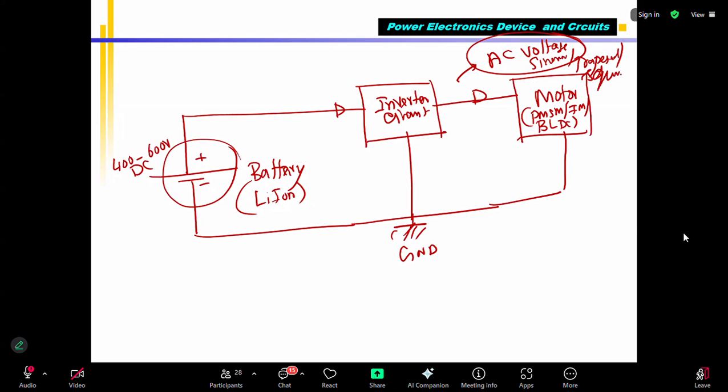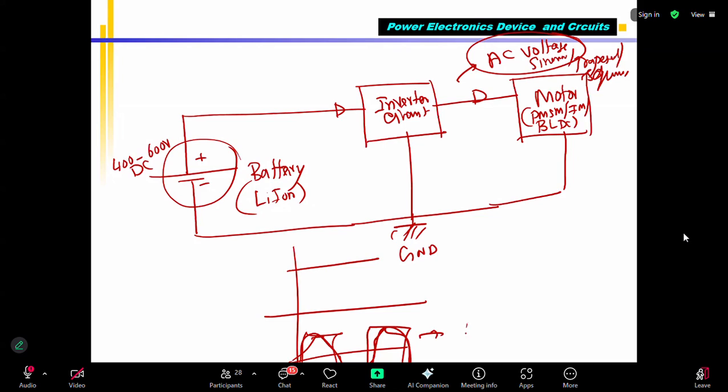Whatever the constant DC voltage is, it will be converted to sinusoidal, square or trapezoidal waveforms. So this is the input to the motor. This is the battery voltage, V battery. So that means we need this circuit.